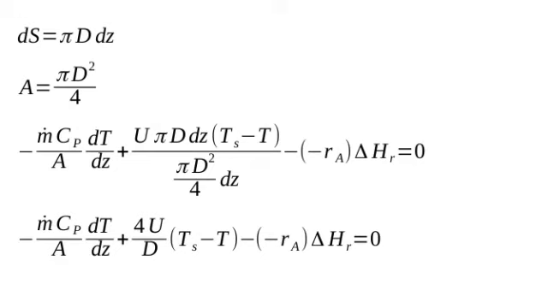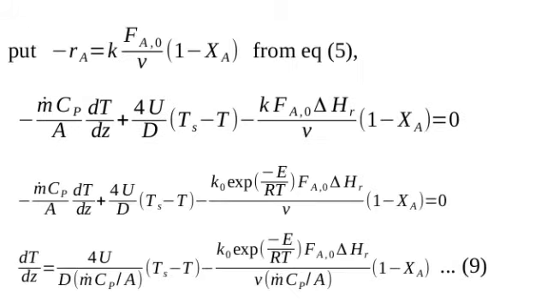Then put dS is equal to pi d dz and A is equal to pi d squared by 4 in the previous equation, and you will get this equation. Finally you can see a simplified equation on the screen. And then from equation 5 put the expression of the rate, and you will finally get equation number 9.